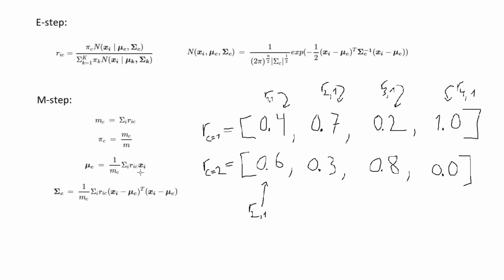But now we have started to interpret the points as their voting rights instead. So the point is not exactly its entire self for each cluster, but only part of the point should be considered when we're updating a certain mean or a certain covariance for a certain cluster, right?